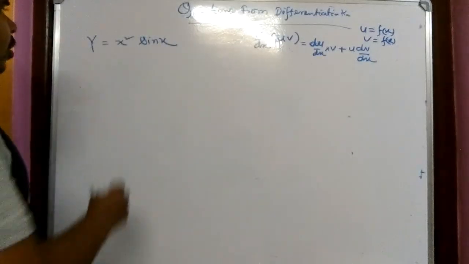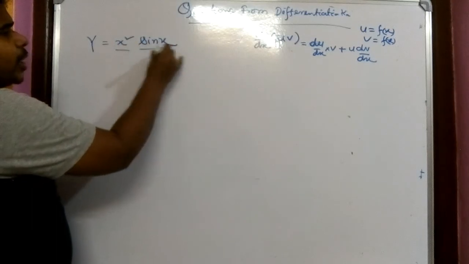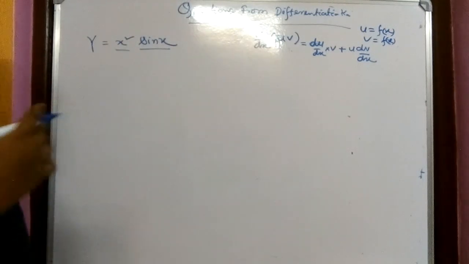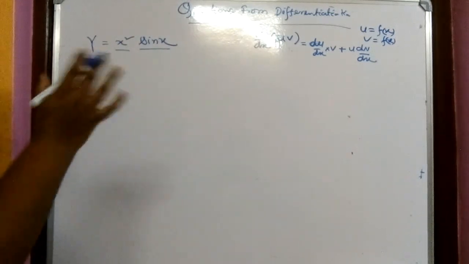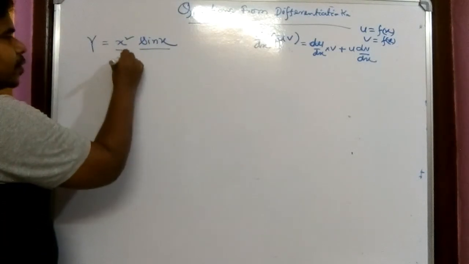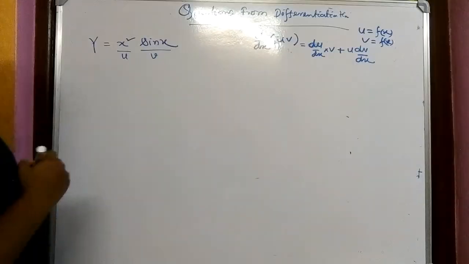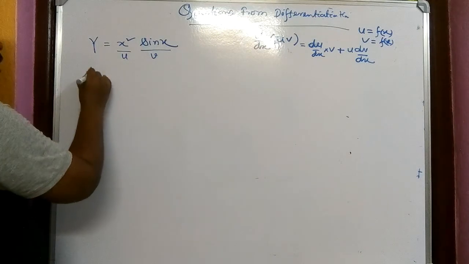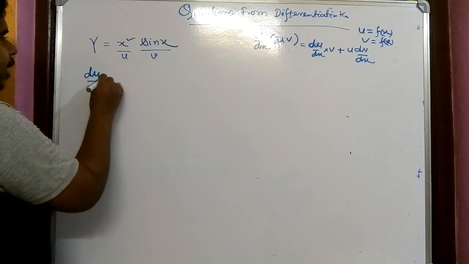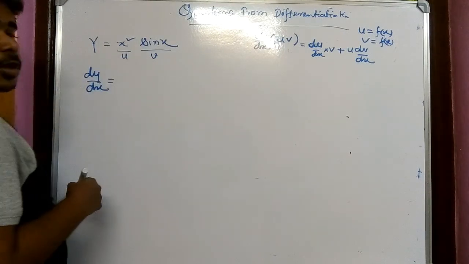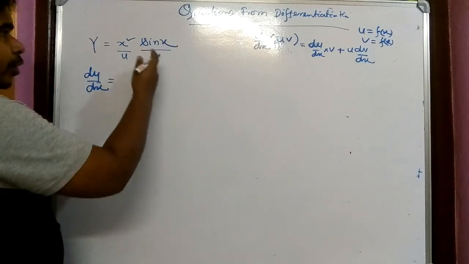Here also, x square and sine x are both functions of x and both are separate. So we can assume this is u and this is v. If I want to find dy by dx, first I have to differentiate u and v will be as it is.